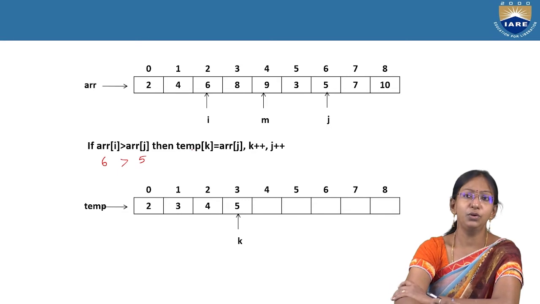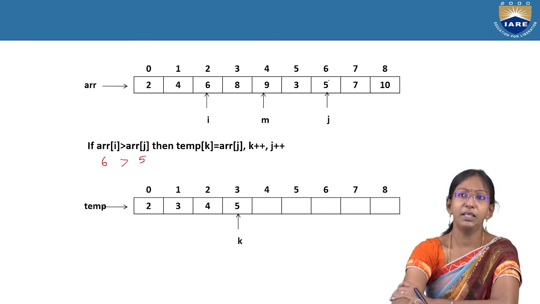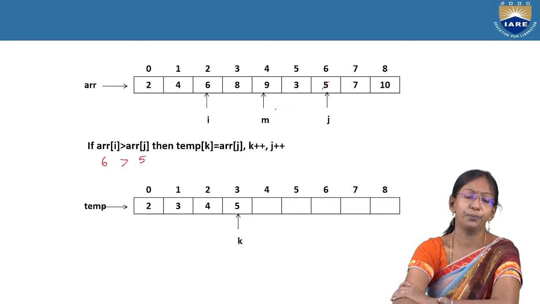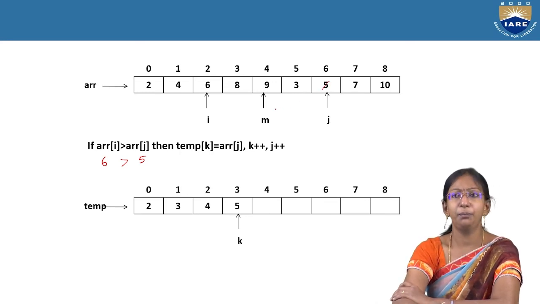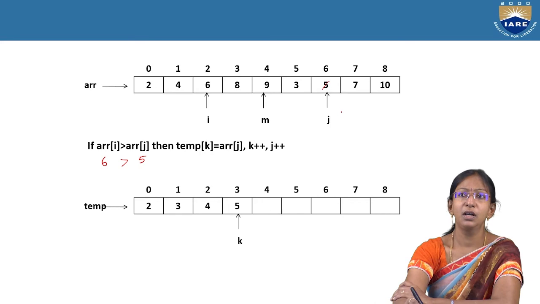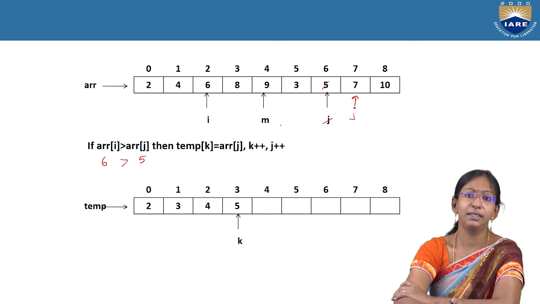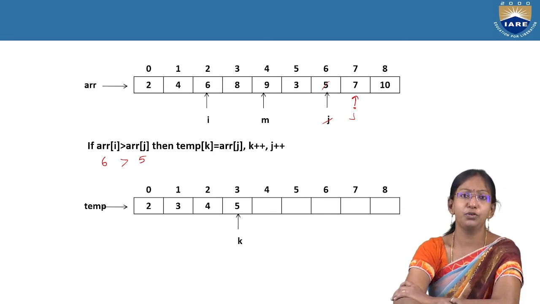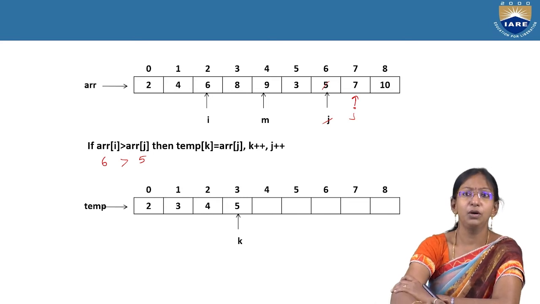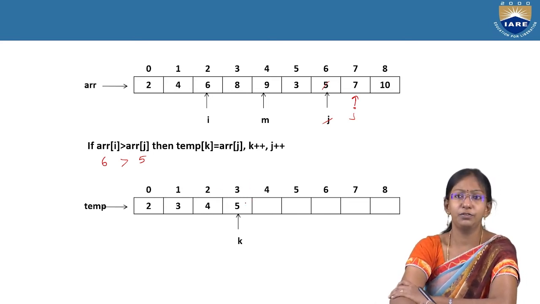Okay, so once you copy that, the element 5 is being used. As the element pointed by j is used, I have to increment j. Right? I incremented j. And the vacant position of k, I have filled it with the element of j.